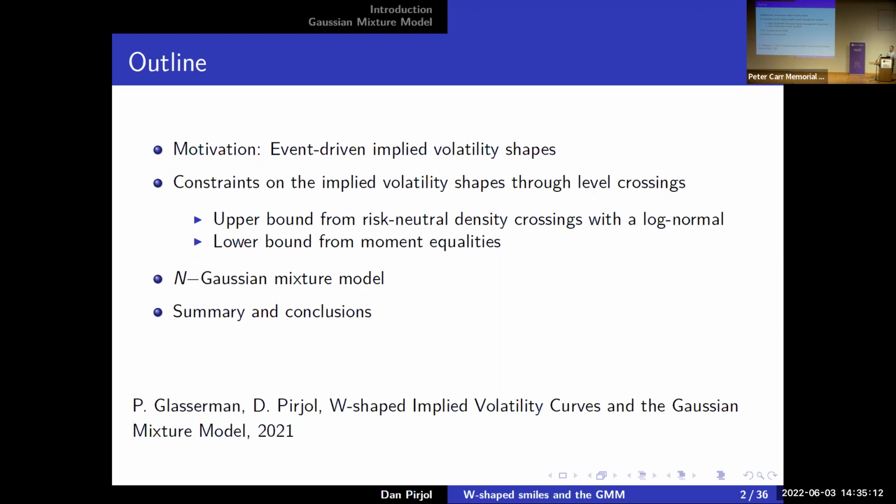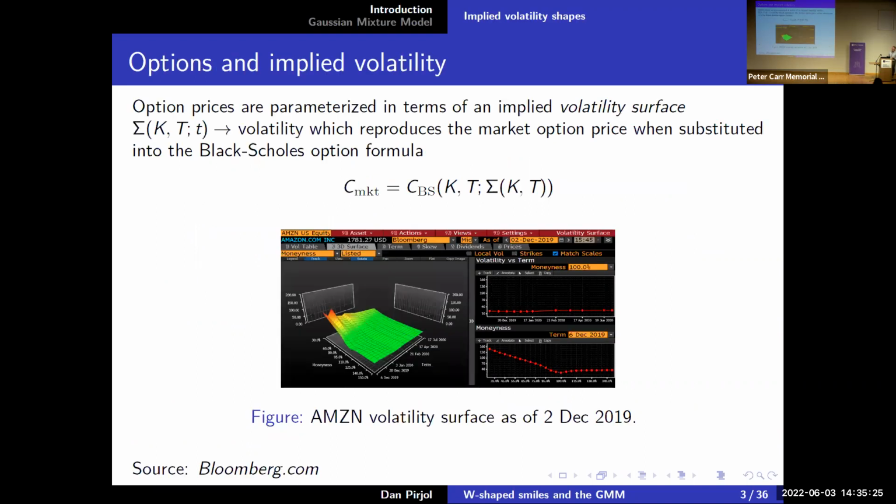Then I will discuss as an application the Gaussian mixture model, a very popular model in practice. The work is already available on SSRN. You can check out the reference.